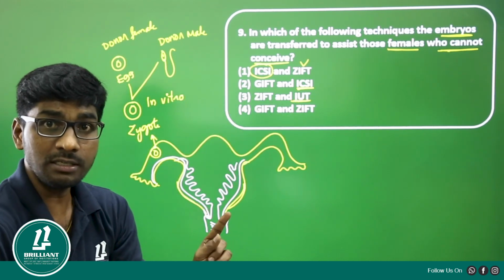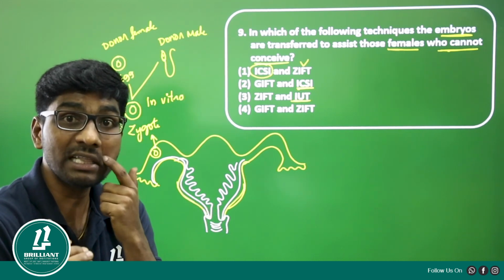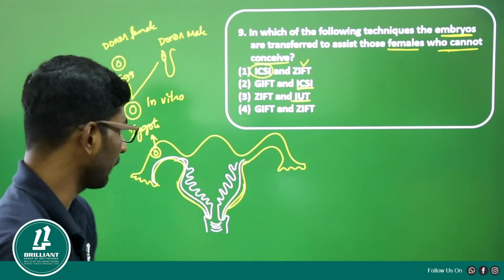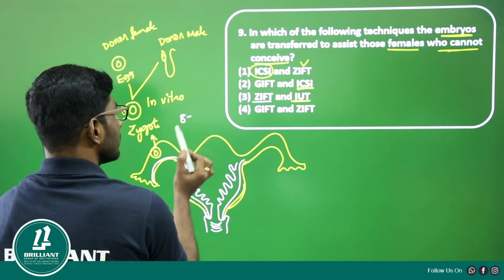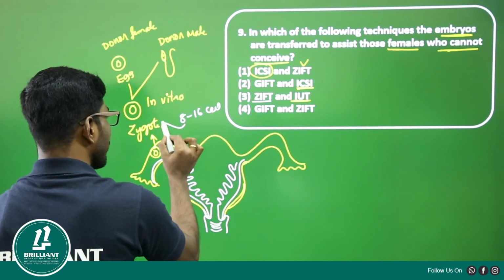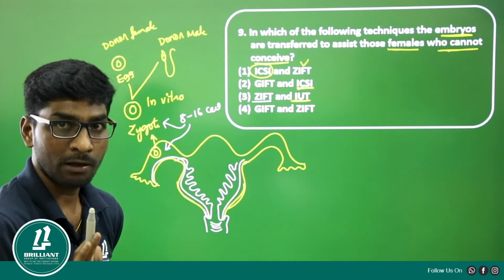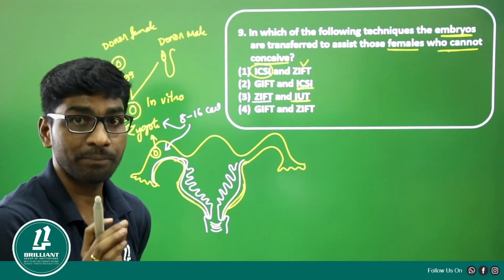IUT means the embryo is transferred at the morula stage or at the 32 cell stage. In ZIFT, the zygote or 8 to 16 cell stage is transferred to the fallopian tubule, when the females cannot conceive.